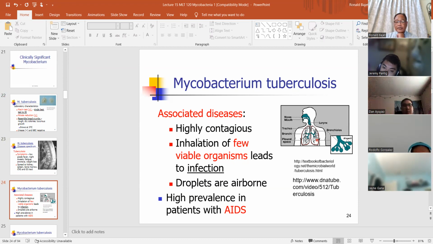Few viable organisms can lead to infection, and then what will happen is you may not get sick, but it'll be enough for you to seroconvert, meaning that when you take the PPD test for several years you're negative on the PPD. Now all of a sudden, because those few organisms got into your system, you're going to seroconvert to being PPD positive. Okay, it doesn't take many organisms, but that's how you get it.